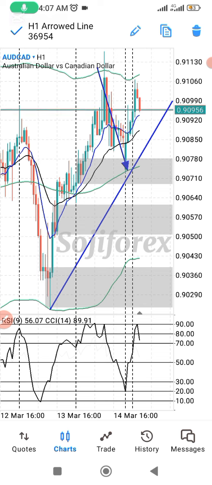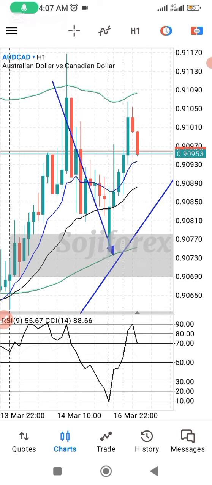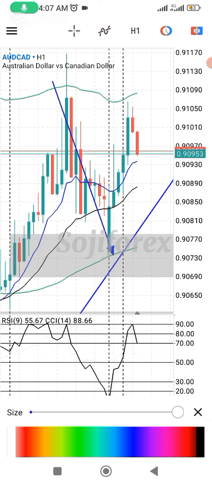On a 1 hour time frame, you will need a candlestick pattern. What candlestick pattern do we need? We will want to see a bullish candlestick formation. And that is exactly what happened in this scenario.